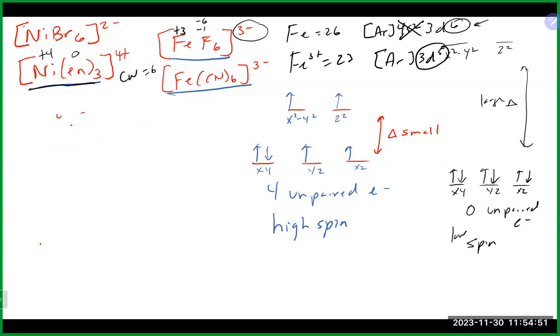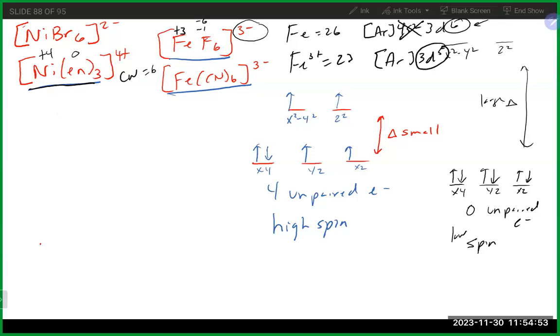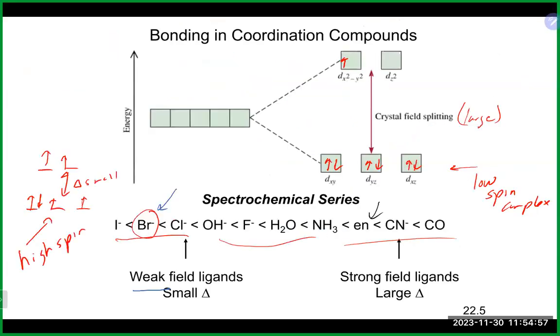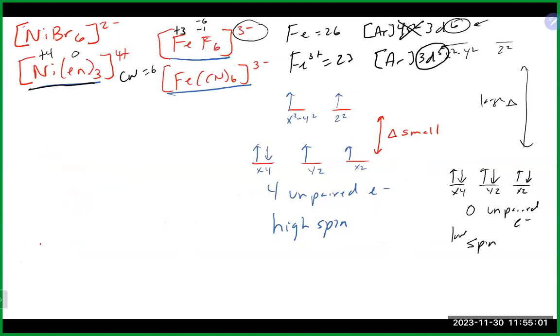All right, so looking at our ligand here, which is F minus, we can see it's sort of in the middle. I think I said we'll do it as a weak field in this case.